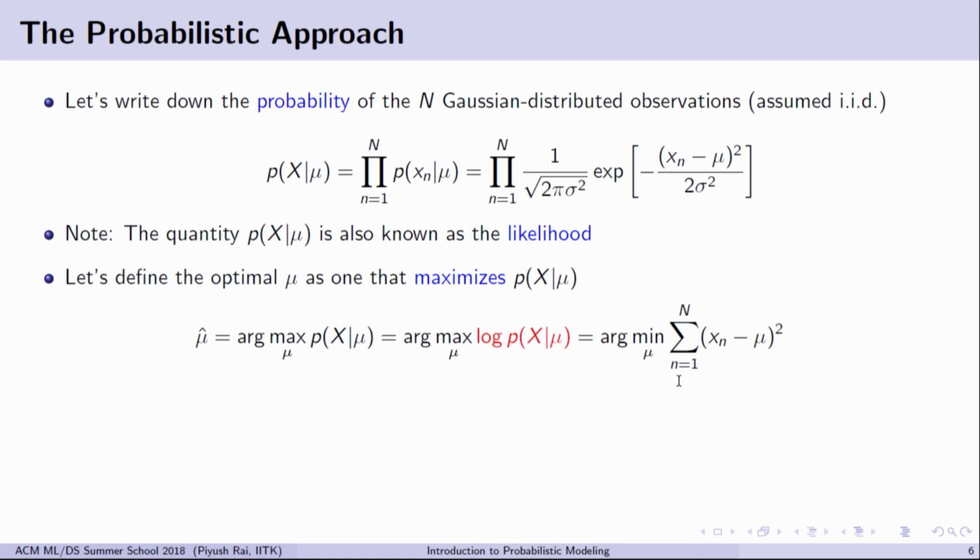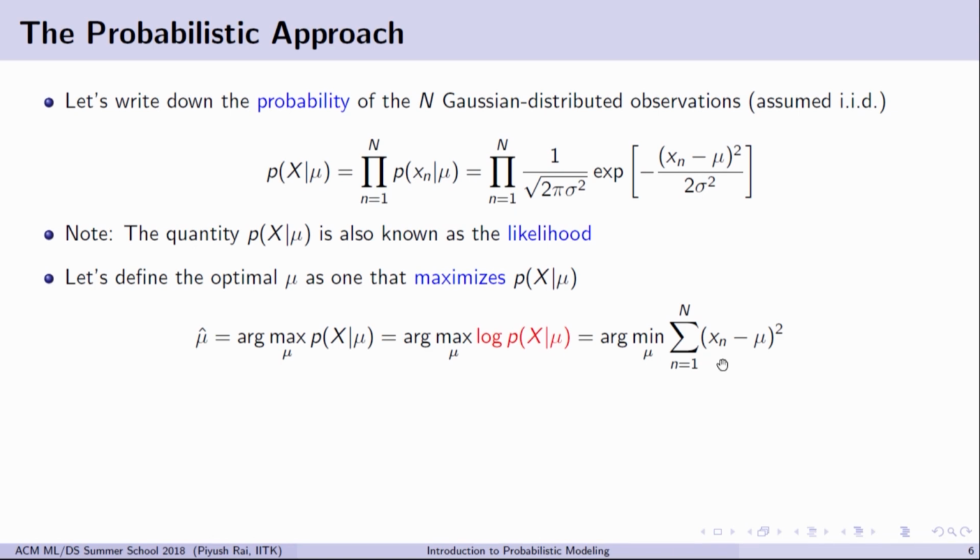So the relevant terms that we will be left with are only terms that have xn minus mu squared. And note that we have a negative xn minus mu squared in the exponent, so argmax becomes argmin here. So mu hat will be argmin of the sum of these squared deviations.